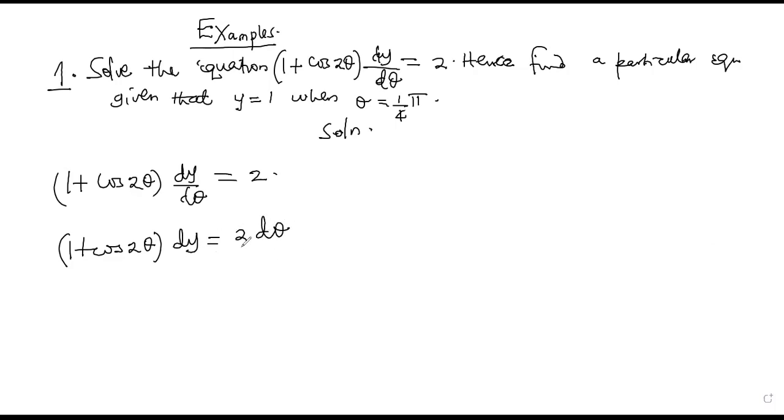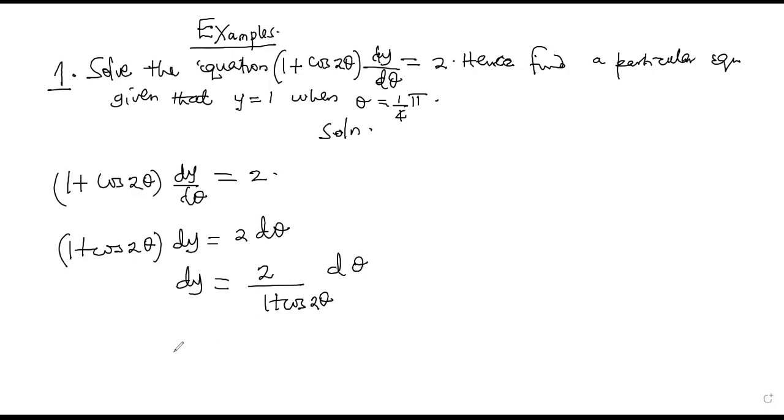We cannot do this when on this side we have dy and d theta. We have to separate these variables, implying that if we divide through, dy is equal to 2 over 1 plus cos 2 theta, then everything d theta.